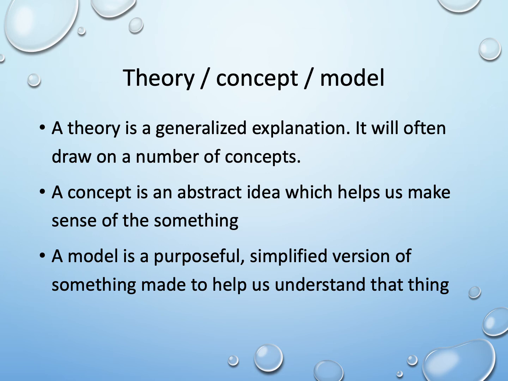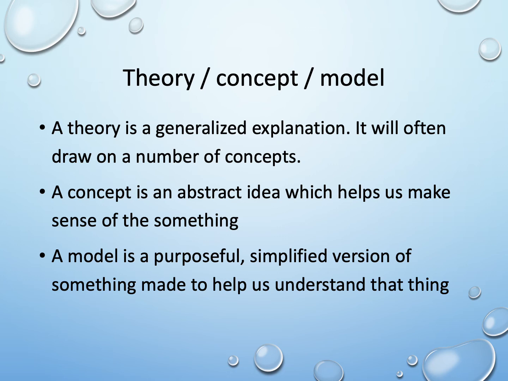And then the final one is model, right? So a model, like the social model or like the medical model. A model is a purposeful or simplified version of something that helps us understand that thing. So, for instance, a model car, like a little toy car, is a simplified version of a car that helps, say, a child playing with it understand how cars work, right? You drive it forward, it goes somewhere, and if you turn the steering wheel, it changes direction.